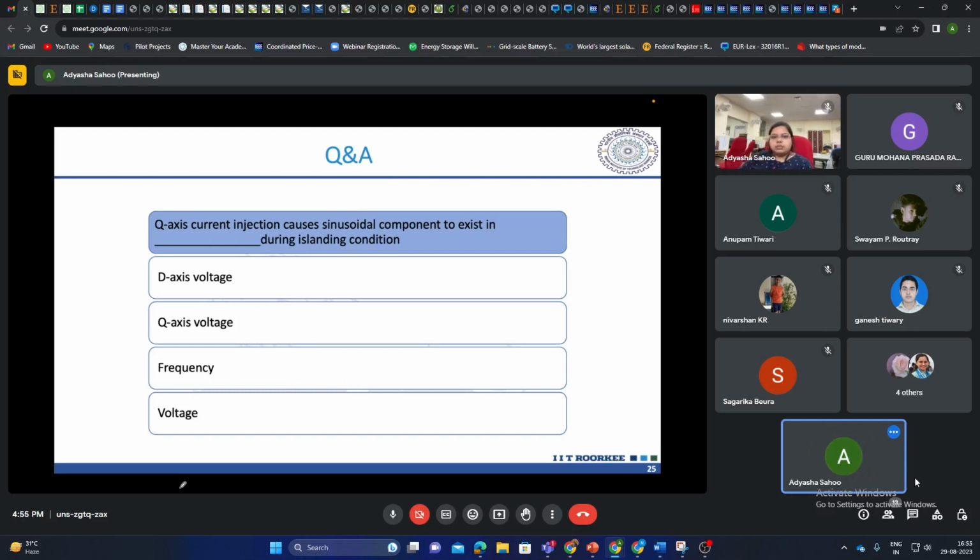Next we have: the Q-axis current injection causes a sinusoidal component to exist in dash during the islanding condition. So this injection of IQ will lead to a sinusoidal component in which parameter? Is it the D-axis voltage, the Q-axis voltage, the frequency, or the voltage? Anyone?